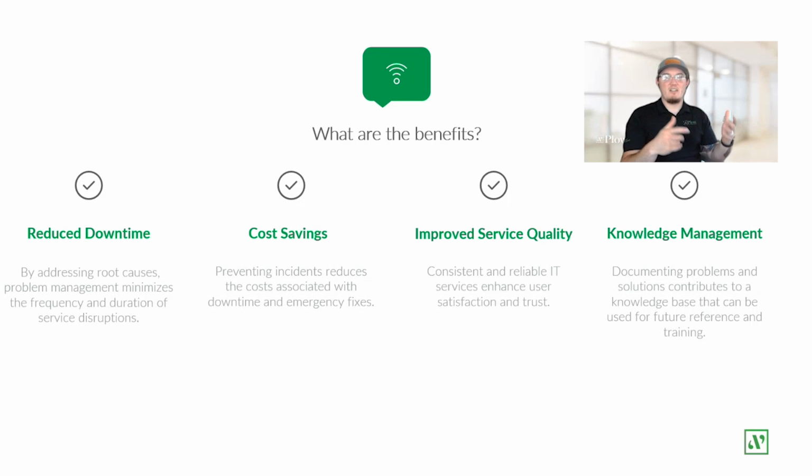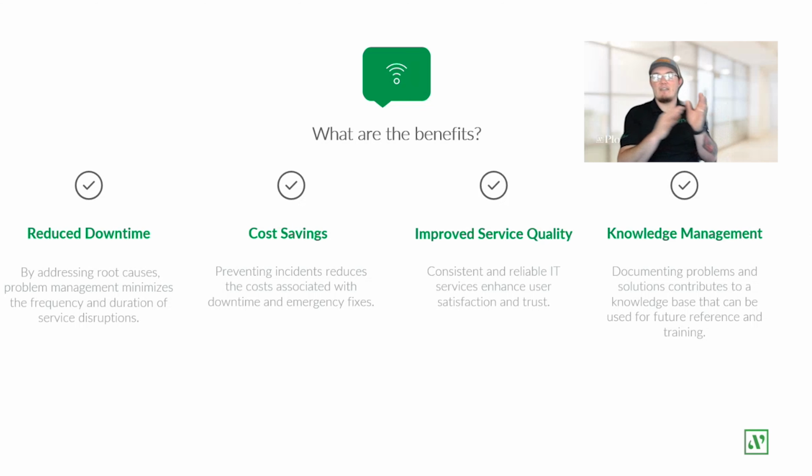There are opportunity costs associated with it. If you've got an engineer who's spending 30 to 40% of their time every week putting out fires, that is a significant cost to the organization in that you are strictly reactive. There's no strategy.